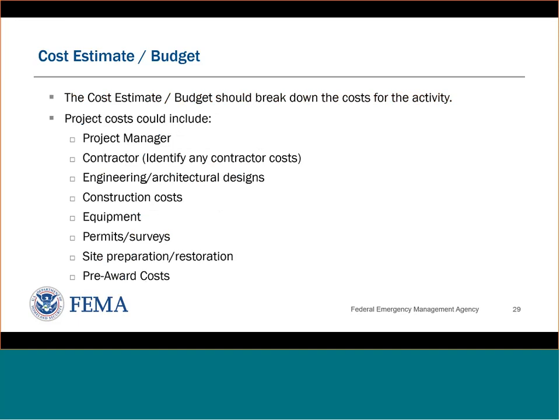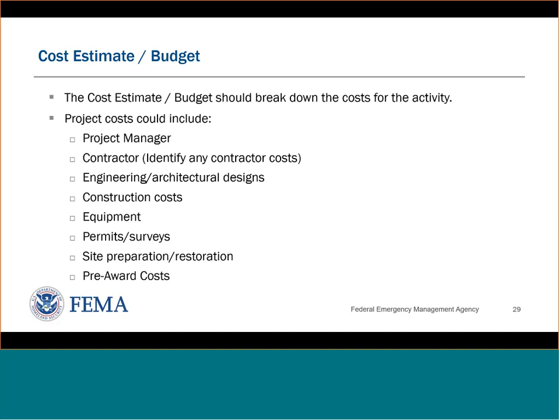Engineering or architectural designs. Another cost that you might incur, especially if you're in an area with a lot of cultural resources, is that you may need to consult an archaeologist, and those sorts of costs would be eligible for your project budget.